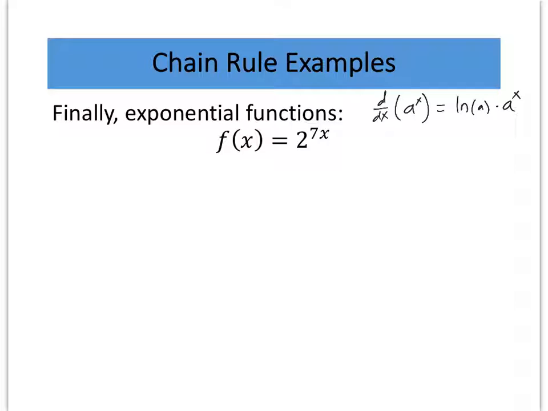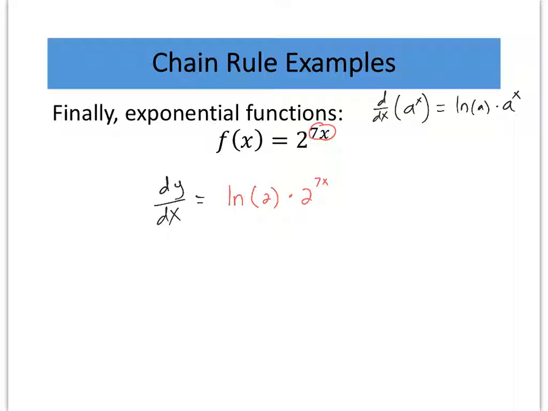So I'm going to take the derivative of this function, so dy dx. I know that I have to use the chain rule because my inside guy is this power of 7x. So my derivative is going to be the natural log of the base times the base, what it normally is.